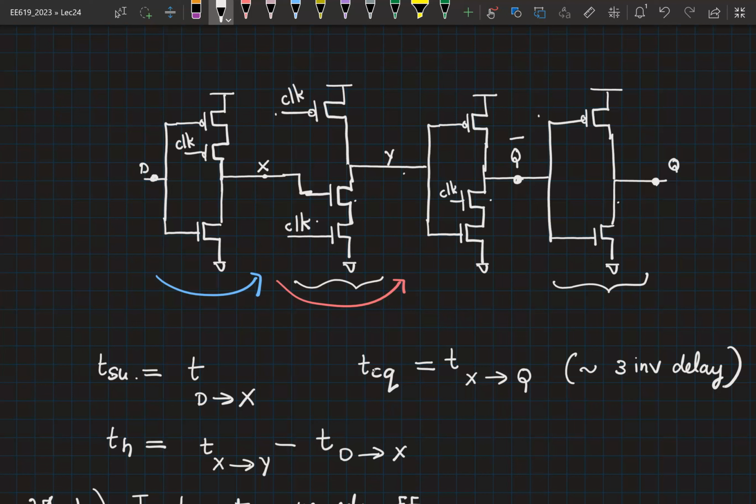Right? So this has been pre-charged to VDD. So this should either remain at VDD or it has to discharge. So before it discharged, let's say X changed. Then it is a problem. So you want the data to go from X to Y. And if you want the previous configuration, X to go to Y, then you can have that.